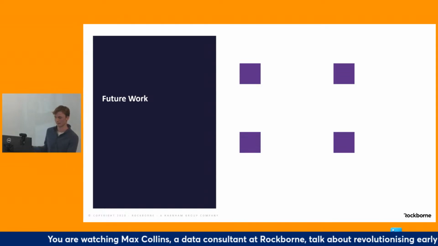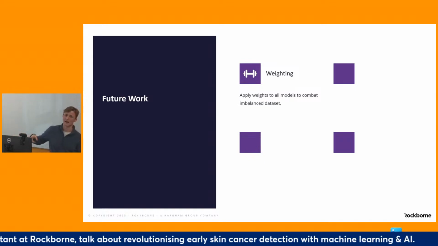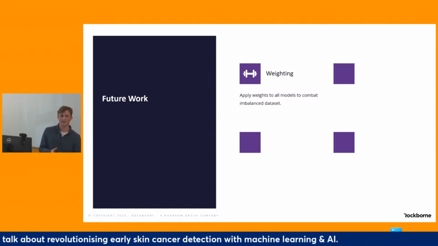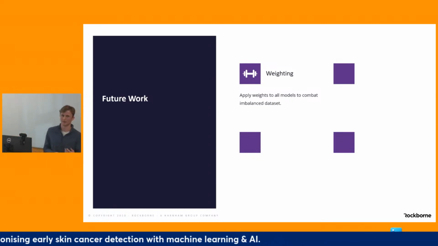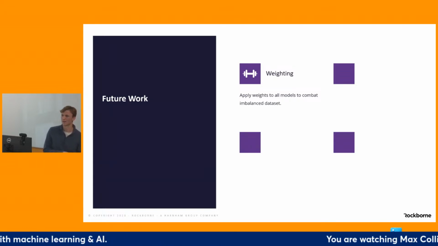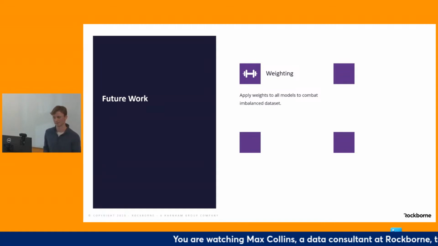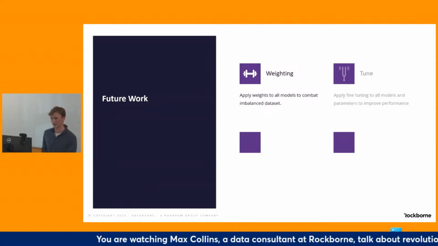So future work. Weighting and balancing. We saw that in some of the earlier models, I hadn't balanced out the data set, so it was just learning to predict melanocytic nevi a lot of the time. So first things first, apply that to each of the models so that they're all balanced and have a fairer chance of performing well.